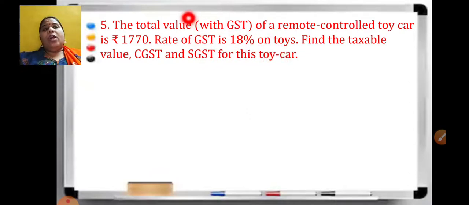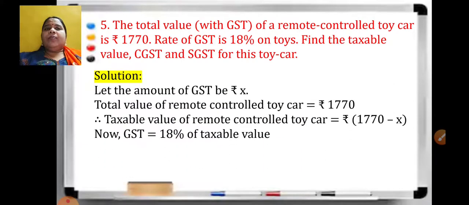Now what I know is the total value where GST is included. Okay. Then the rate is known. The question asked is to find the taxable value, CGST and SGST. Now how can this be done? First thing, let the GST amount to be paid be X. The GST amount is not known. This is a total value. Okay.